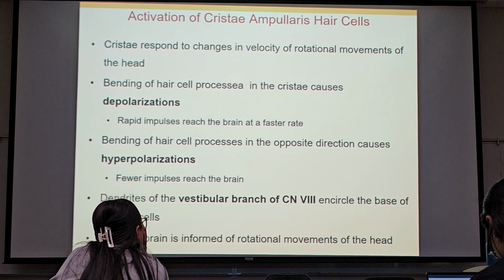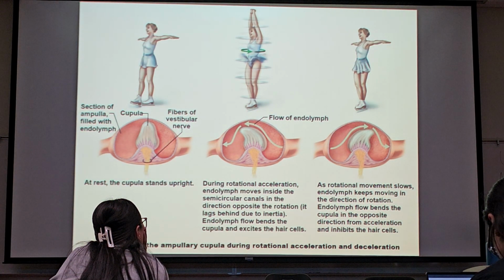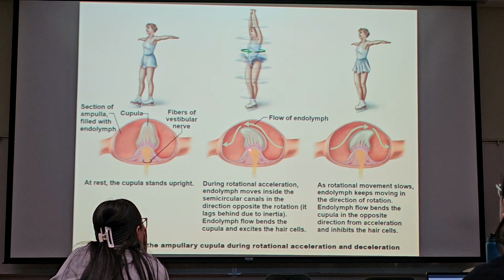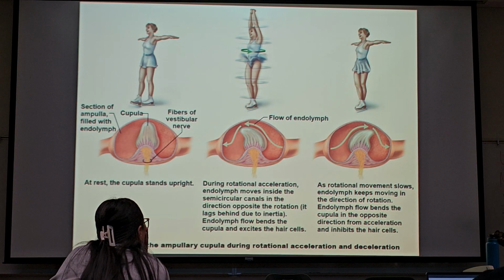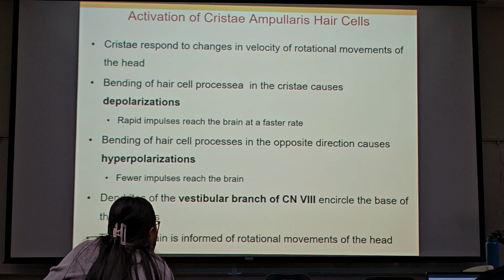Okay, so with this, we have activation of that crista ampullaris. Here's the crista ampullaris. The cupula is sitting on top of the crista ampullaris. That's where we have hair cells with their stereocilia and kinocilium.